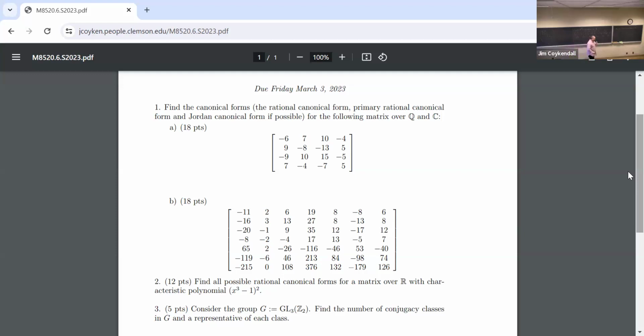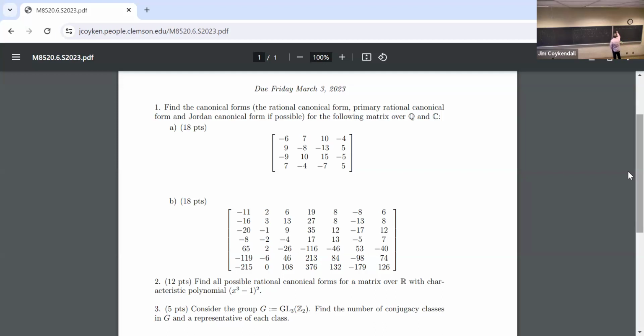Now notice what happens if you look at these polynomials: it's easy to factor them into primes, right? This is just x minus 1 times x minus 1. What about factoring this polynomial over Z2? It's already irreducible, right? So let's look at the rational canonical forms we can form.